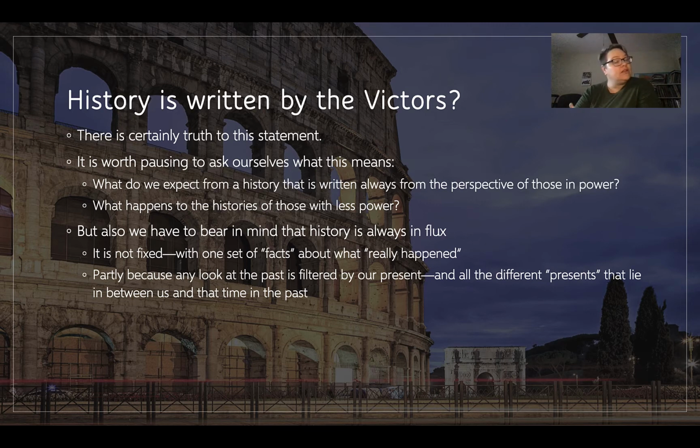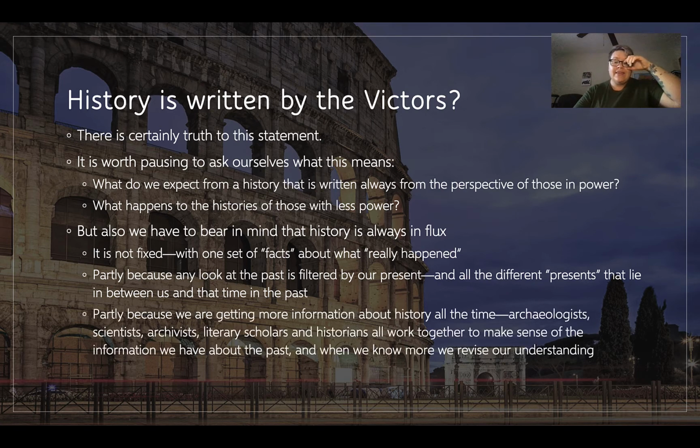Partly because when we look back at the past, it is always filtered by our present. And not just our present in the moment we're in and the assumptions that we bring, but all the other present moments between us and the past that we are looking at. And this is also partly because as we learn more, which we're always doing, the information that we gain can revise our understanding of the past, right?